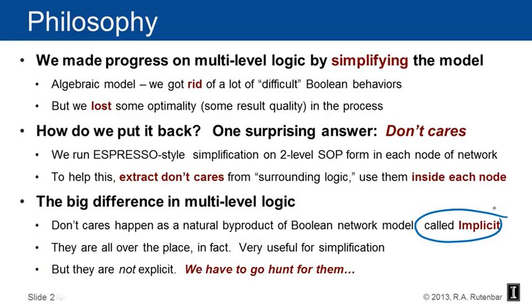This is the title of this lecture. They're called implicit don't cares because they just happen as a natural consequence of the structure of the graph for the Boolean network model. So they're all over the place. In fact, there are lots of them, and they're very, very useful for simplification, but they're not explicit. And so the new thing is that we have to go hunt for them. We need computational procedures to find them.